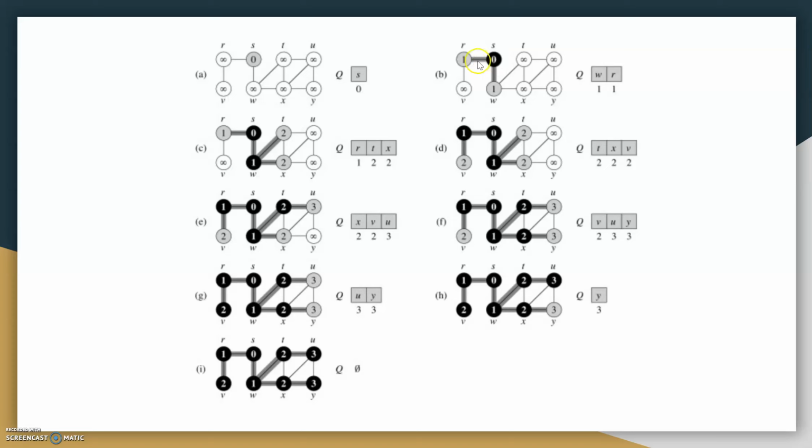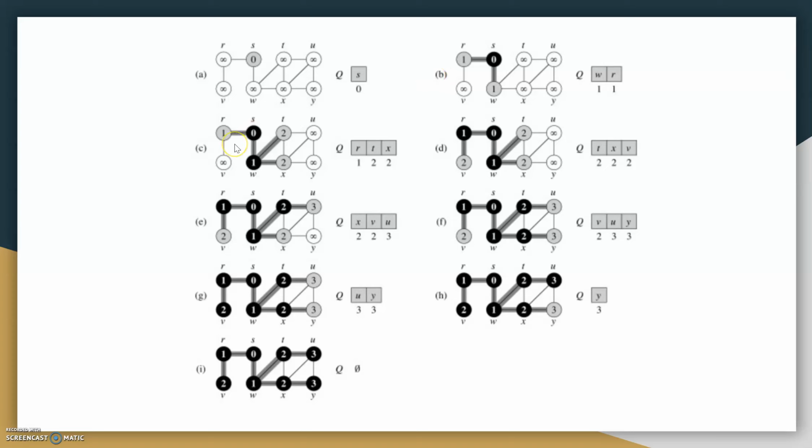And then there are two vertices it can reach, which are R and W. So both R and W become gray, and they have the number 1 because they are the first vertices reached from S. And then you can see on the right side the Q has W and R, and the S is not there because it already finished processing and is marked black, so it's not in the queue anymore. That's how the queue works, first in, first out.